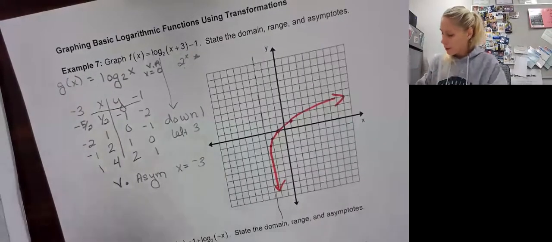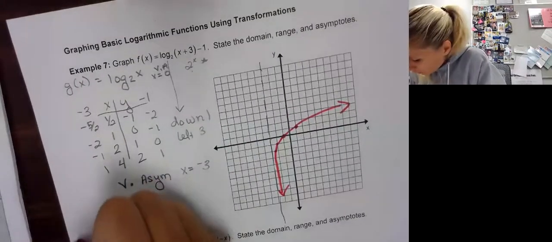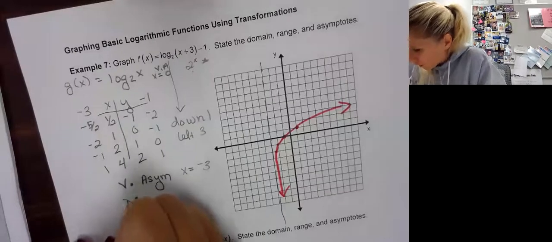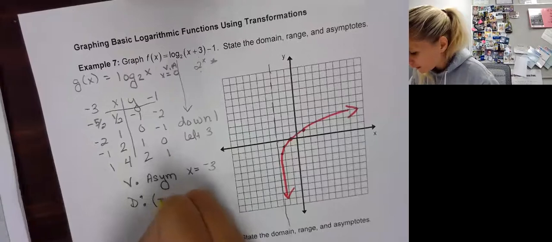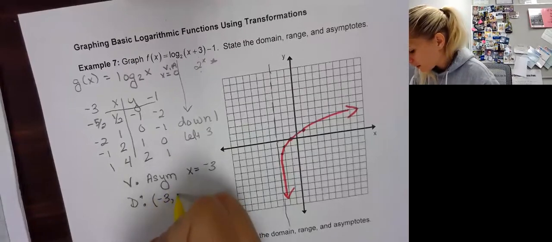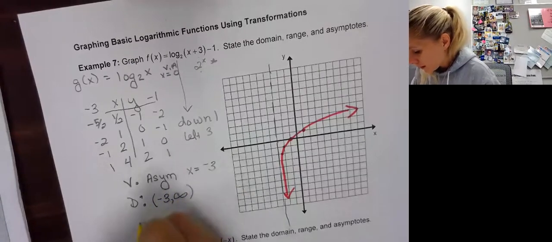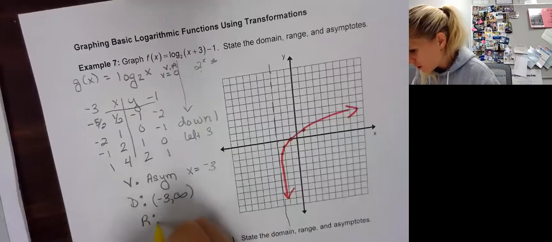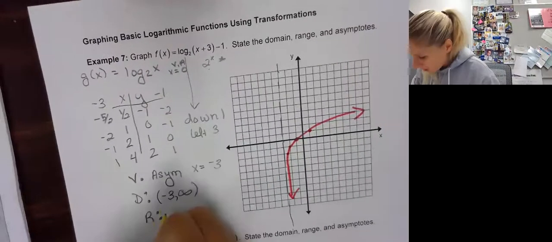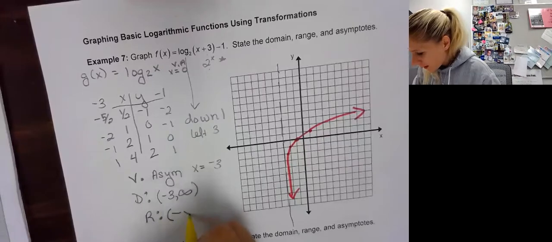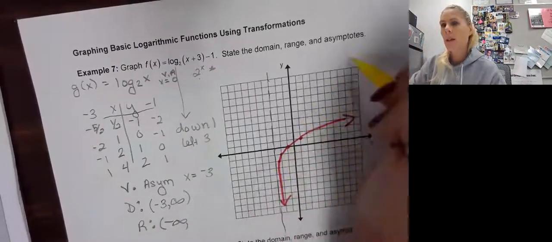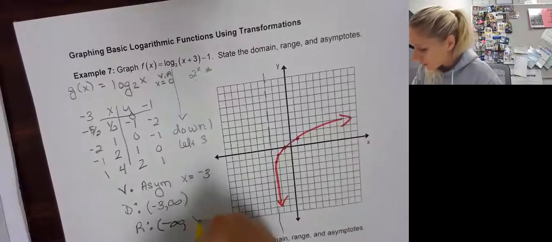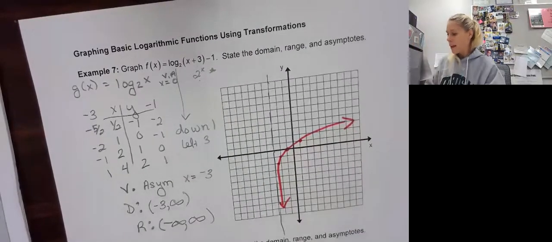Now let's talk about our domain and our range. Our domain, how far left does it go? Well, it's getting really close to -3, and it's going to infinity. And our range is all the way down, and our arrow, as much as this is sliding off, it will keep going off, so it's infinity.